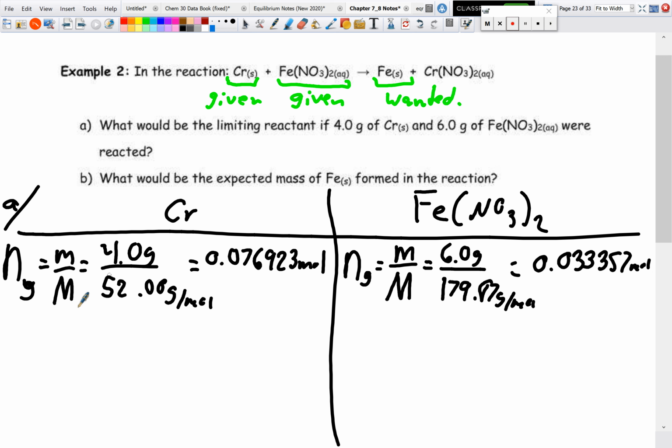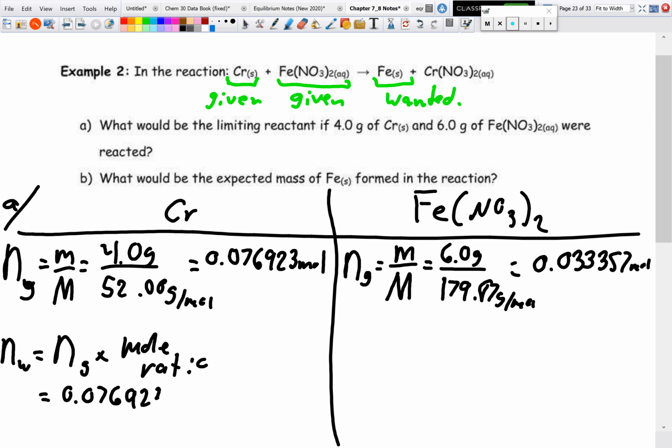So with our chromium, number of moles of our wanted is equal to number of moles of our given times our mole ratio. So that is equal to 0.076923 mole times our mole ratio: wanted in front of iron is 1 over given in front of chromium, 1. And we get 0.076923.